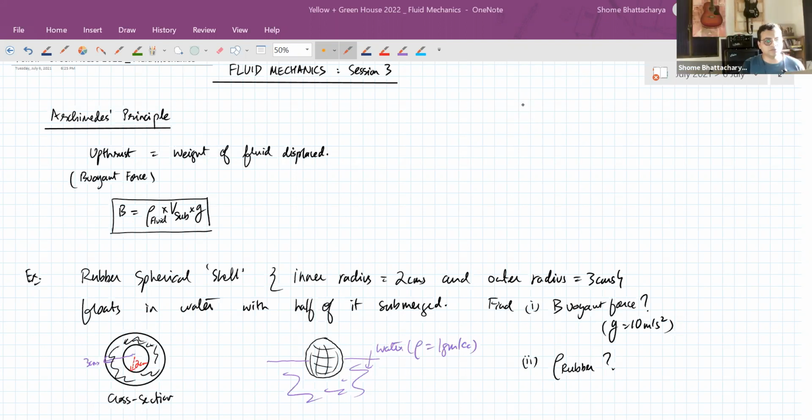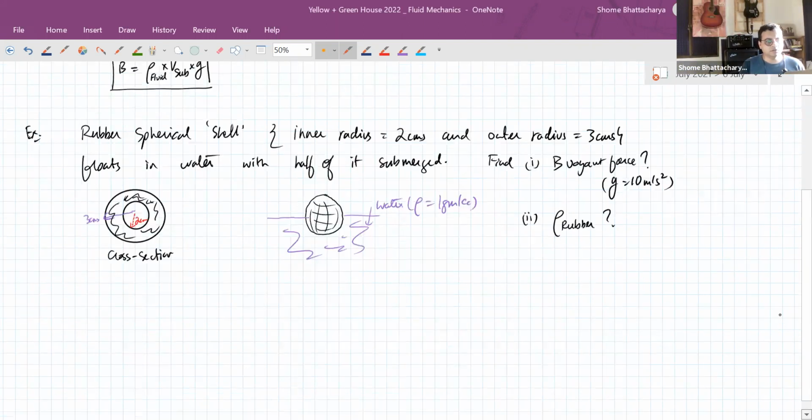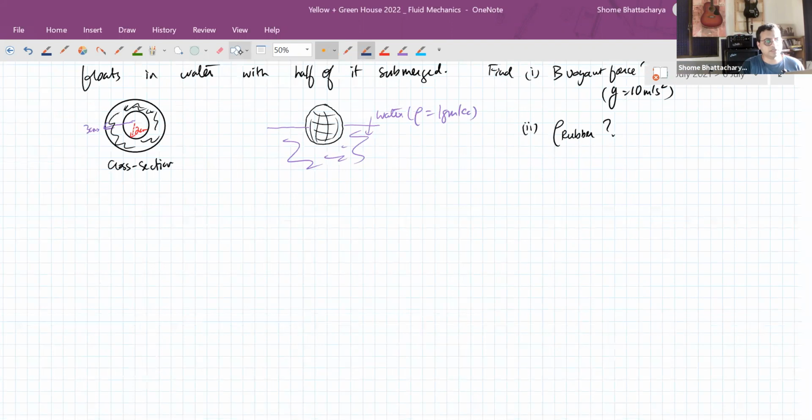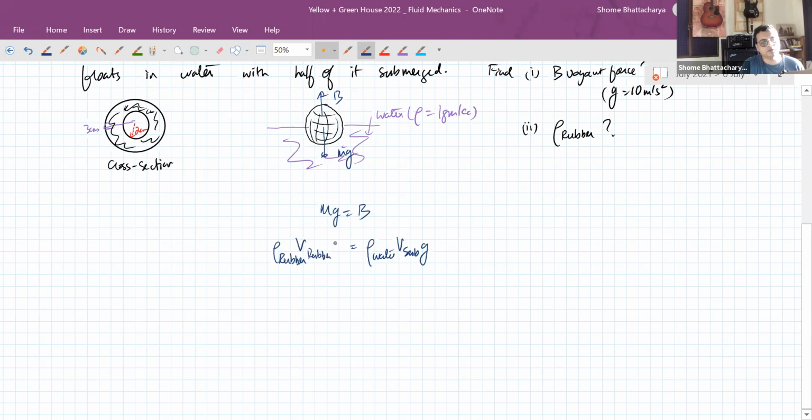Okay, so let's work out this question quickly, people. It's pretty straightforward. What you have to understand is that the weight of the object is balanced by buoyant force. So buoyant force here will be density of water into volume of submerged part into g, whereas the weight will be density of rubber into volume of rubber into g.